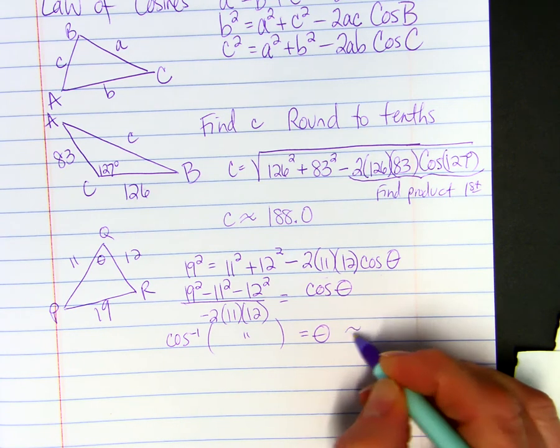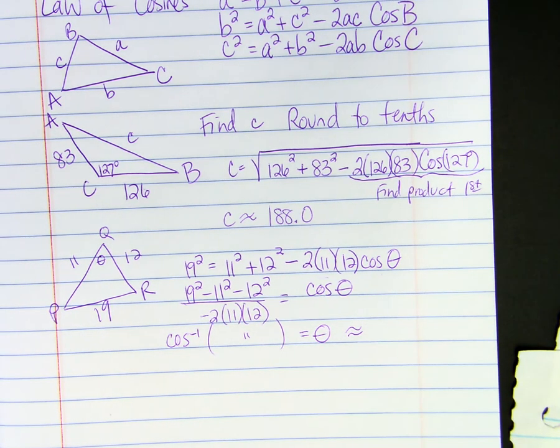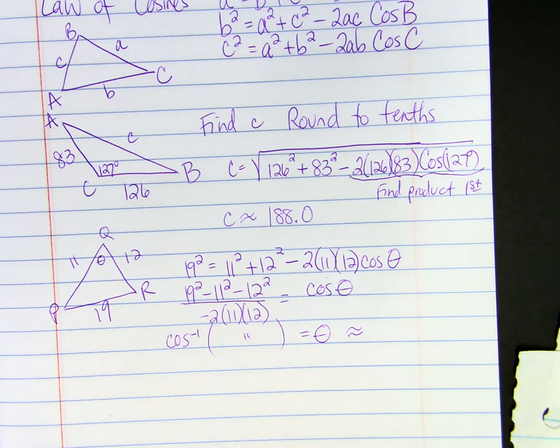That will give me theta, which is approximately, so in my calculator I do cos inverse of, I gotta put it in parentheses, so parentheses, 19 squared minus 11 squared minus 12 squared, and that parentheses, divided by parentheses, negative 2 times 11 times 12, and that parentheses and the cos inverse parentheses.